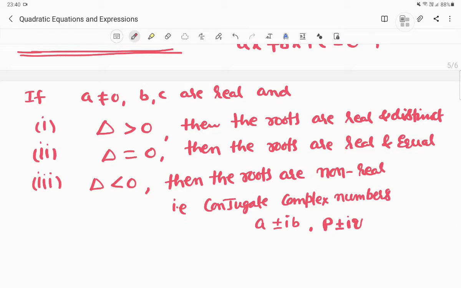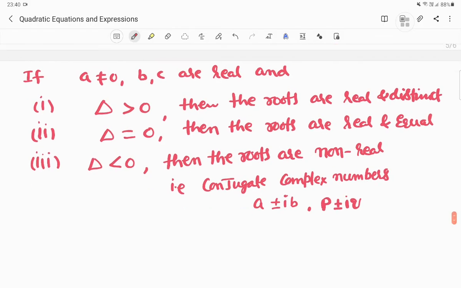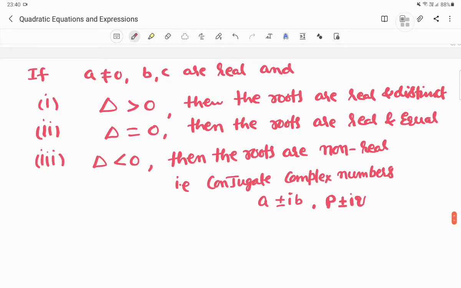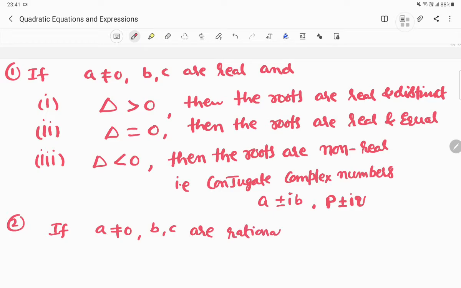Even the roots can be considered based on rationality. This is one type of category. In the second category, if a is not equal to 0, and b, c are rational, previously we had taken real, now it is rational.